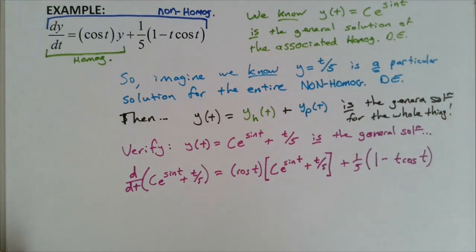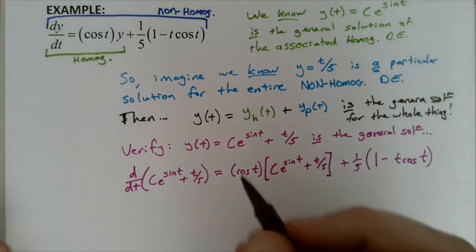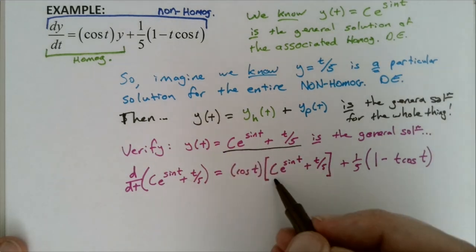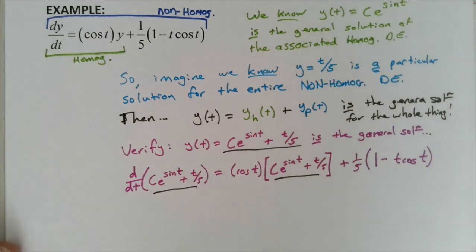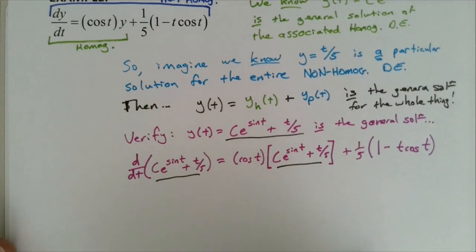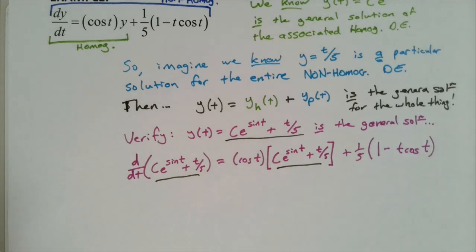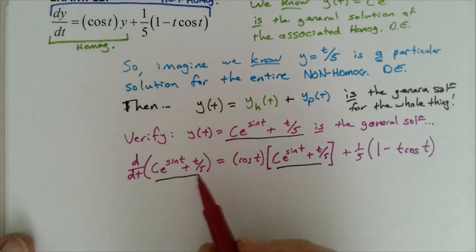Okay, so this appears here and here. That's the y value that I've subbed into my differential equation. So I should be able to continue this process and verify that we get a true statement on both sides. What's the derivative of each one of these terms?